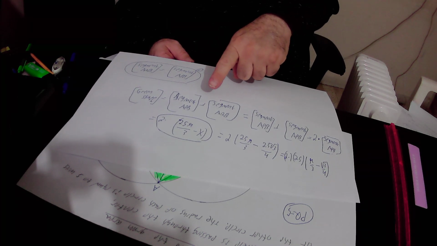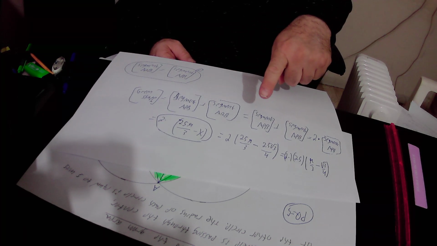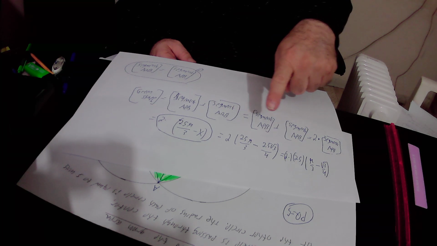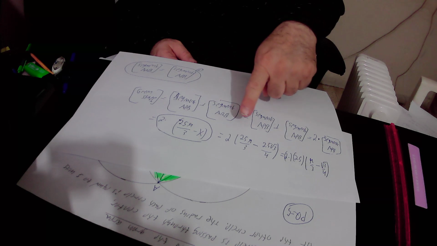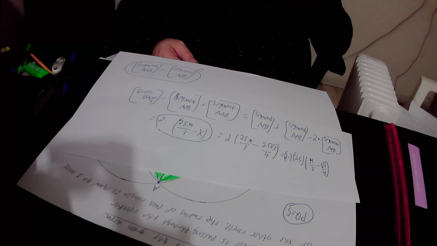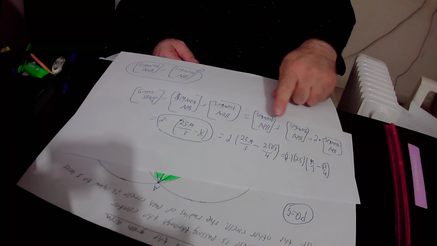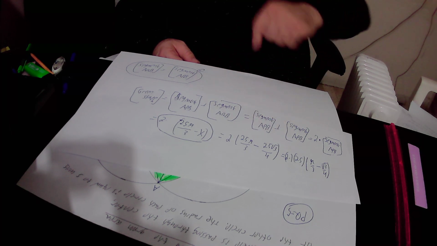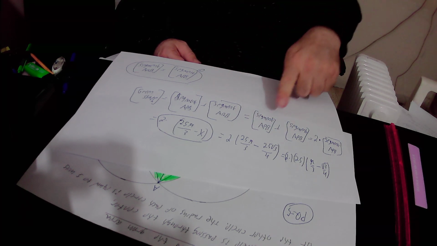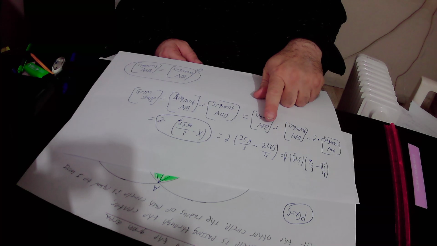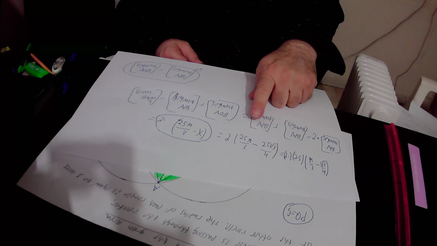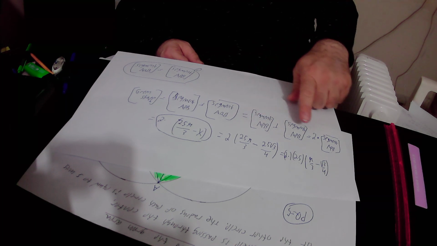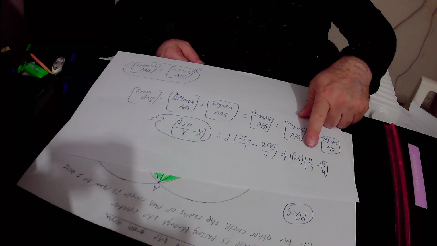So 25 pi over 3 minus x equals 25 pi over 3 minus 25 square root of 3 over 4, multiplied by 2. So here we took 25 out as a common factor. What is left from 25 pi over 3 after we took 25 as a common factor is actually pi over 3.